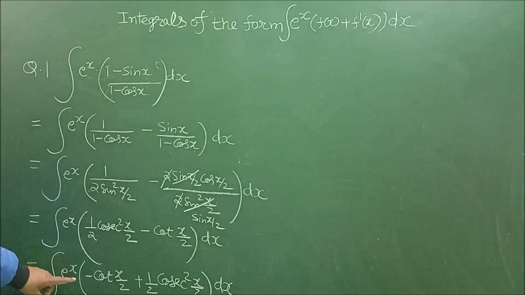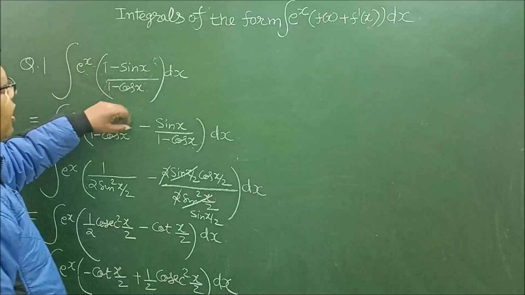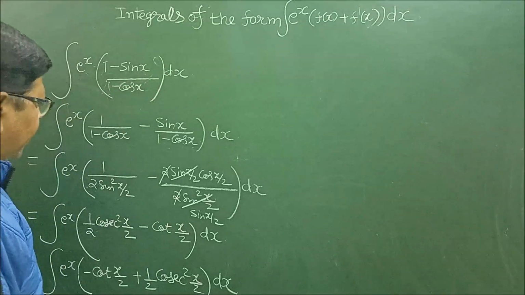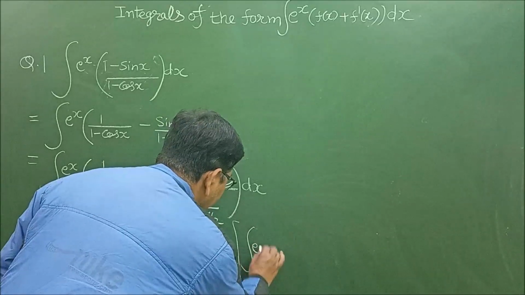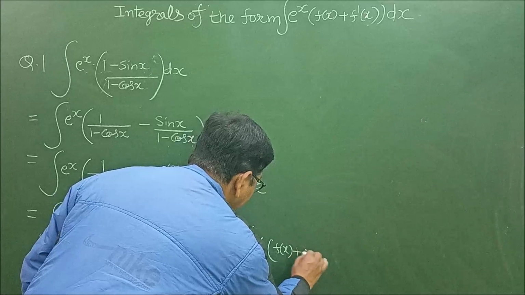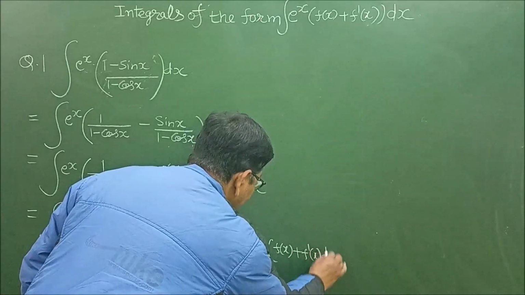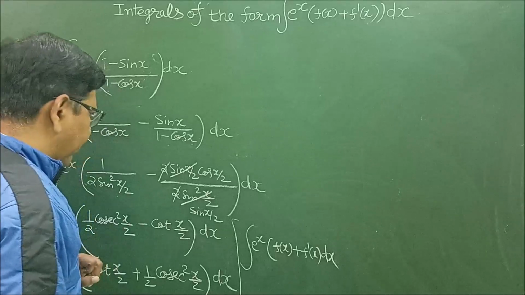Now comparing this integral with the original integral, that is e raised to the power x, if we compare it with integral e raised to the power x [f(x) + f'(x)] dx, here f(x) is equal to minus cot x by 2.